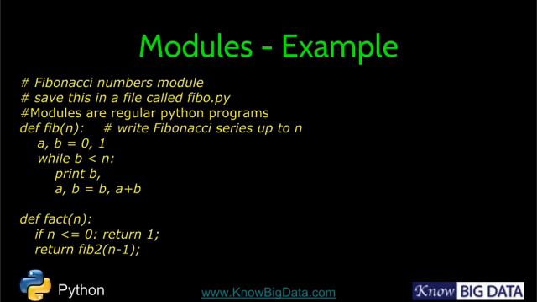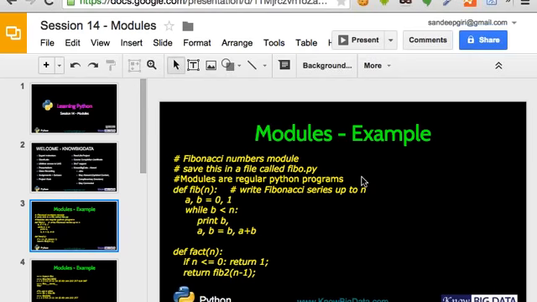Is this code clear? Do you see any problem with the Fibonacci in the code? This is another function.